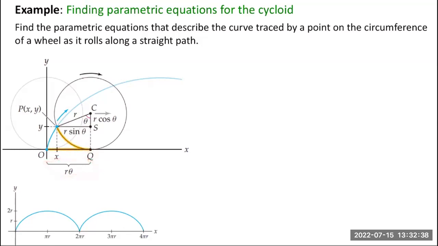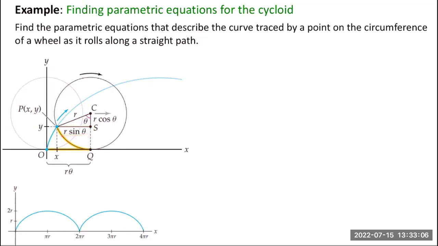Now, can we find the x coordinate of this point? Well, we need to do a little bit more calculation. Notice that if I complete this right angle, this is going to be the 90-degree angle. Looking at the geometry of this triangle, since this angle is theta and the hypotenuse is r, this opposite side should be r sine theta, right?